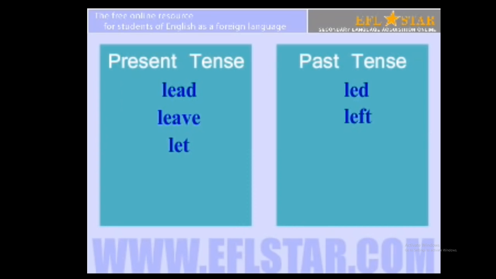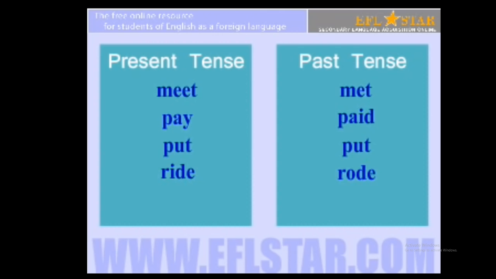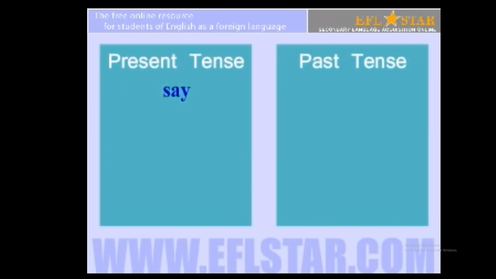Let, let. Make, made. Mean, meant. Meet, met. Pay, paid. Put, put. Ride, rode. Run, ran. Say, said.